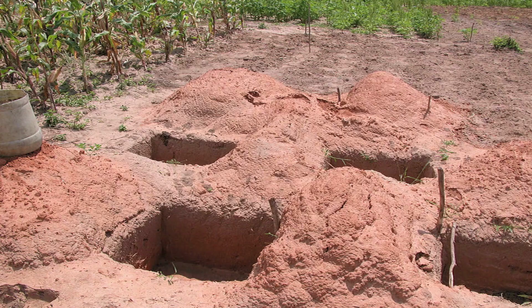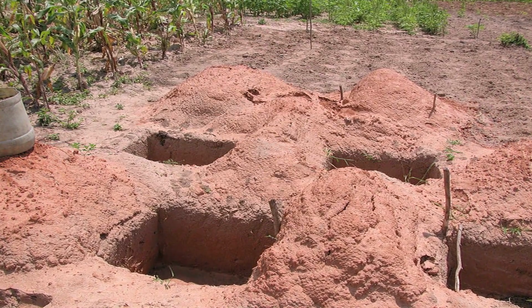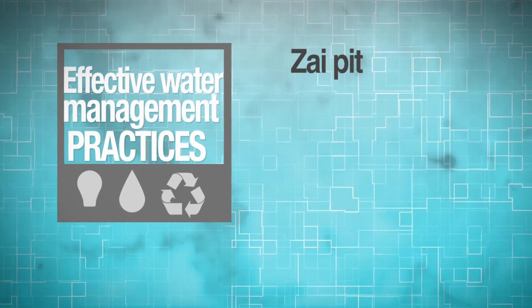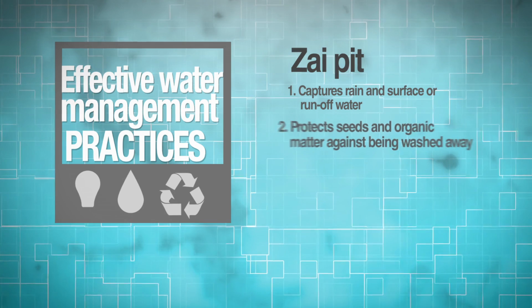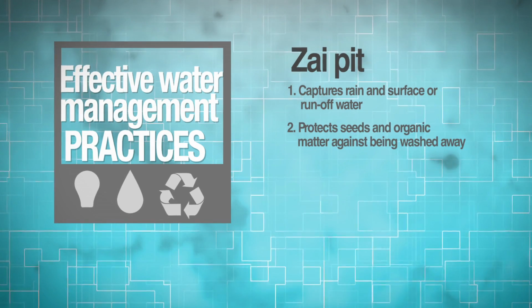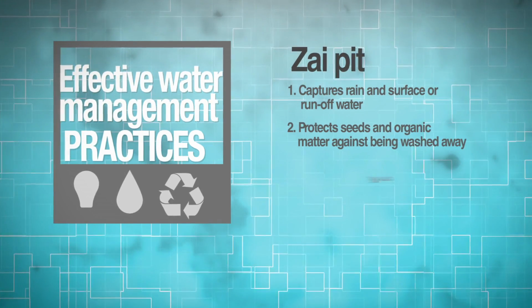Indeed, zai pits have been proven to fulfill the following functions, namely soil and water conservation and erosion control for encrusted soils. The advantages of zai pits are: 1. It captures rain and surface or runoff water. 2. Protects the seeds and organic matter against being washed away. 3.